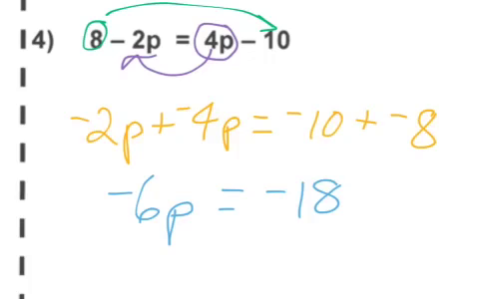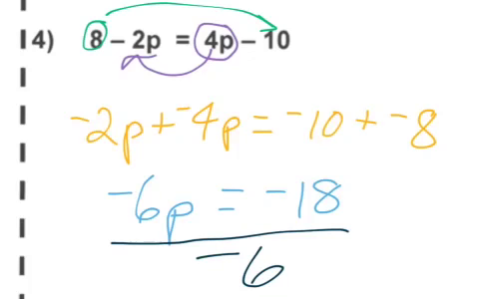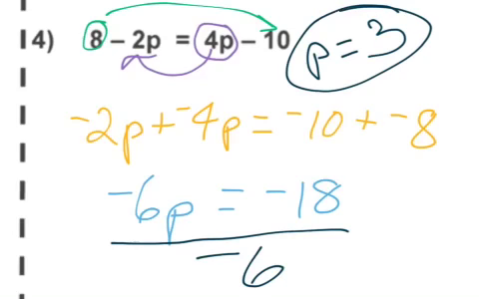When you divide a negative by a negative, we get a positive, so our answer then is p equal a positive 3. That is our solution.